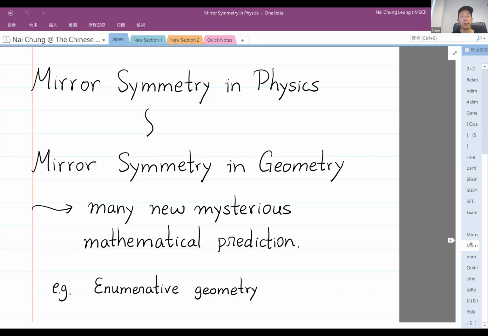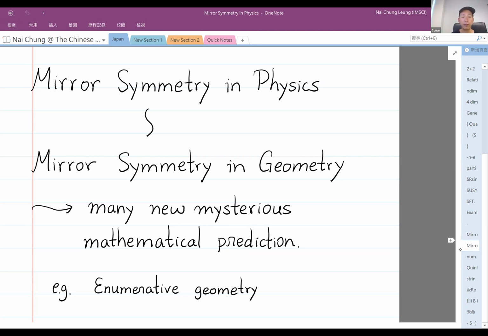And this has been leading to a lot of recent development in the last 2 decades, with new mathematical predictions, and then the development of a lot of new ideas and tools in mathematics. At the beginning of mirror symmetry, the example was enumerative geometry, but nowadays the impact has been everywhere in mathematics, not just in enumerative geometry.